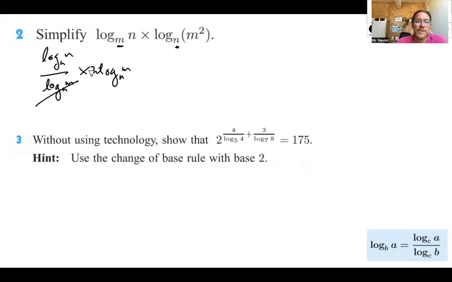So we can already see these two will cancel, and log n of n is 1 because n to the power of 1 is n. So we get the answer in this case, it's 2.